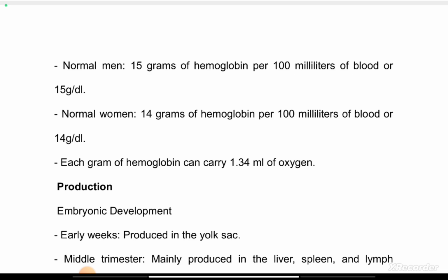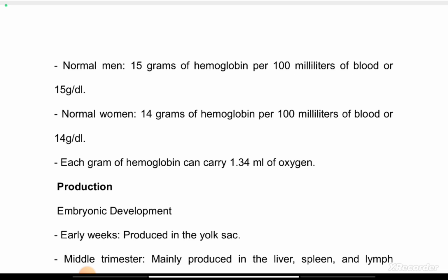Deciliter is 100 milliliter. Forgive my mistakes the other time, I was saying 14 gram per milliliter, but it is actually 14 grams of hemoglobin per 100 milliliter. If you don't want to use 100 milliliter of blood, you can use deciliter.